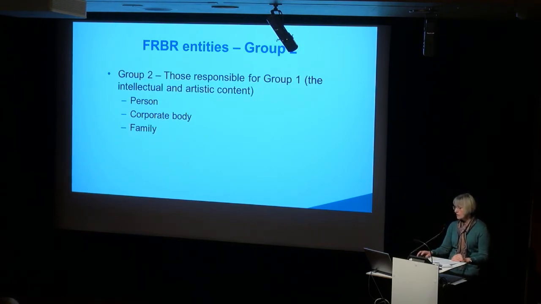The Group 2 entities are those responsible for the intellectual and artistic content. The person, the corporate body, the family. So you've got created by, produced by, concepts that you would be familiar with already.